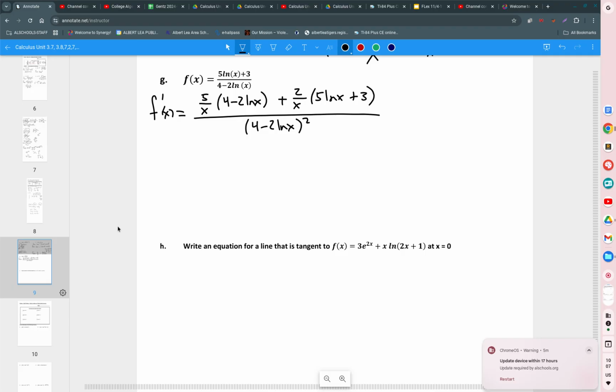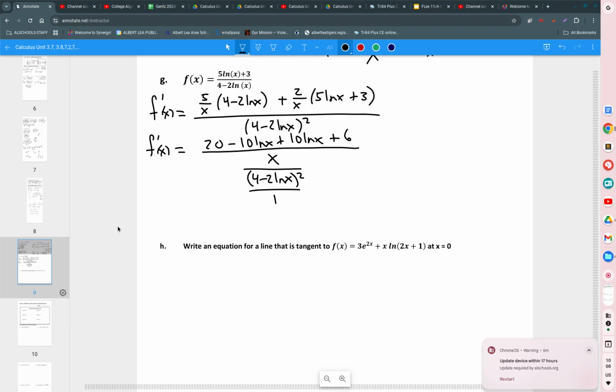So I'm just going to multiply the 5 through, and I get f prime of x is equal to 20 minus 10 natural log of x plus 10 natural log of x plus 6, that sits over x, which sits over 4 minus 2 natural log of x quantity squared over 1.